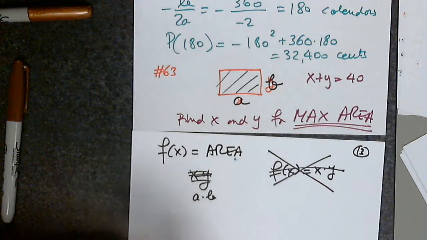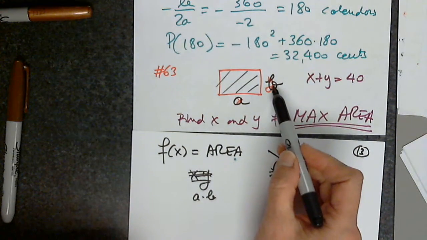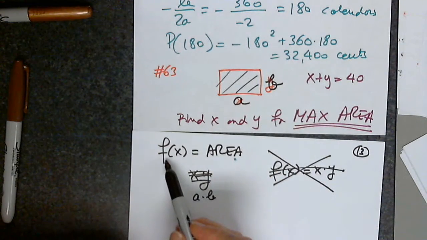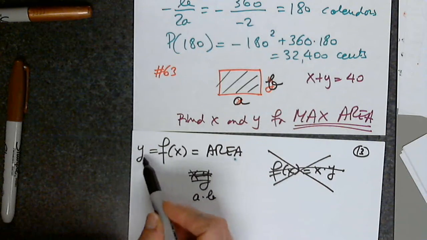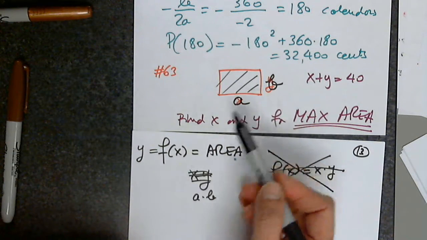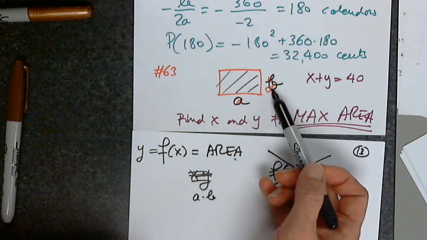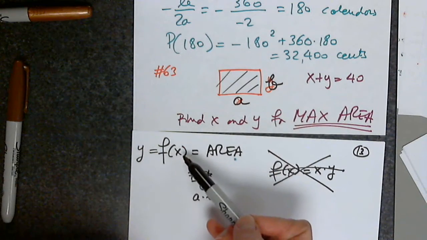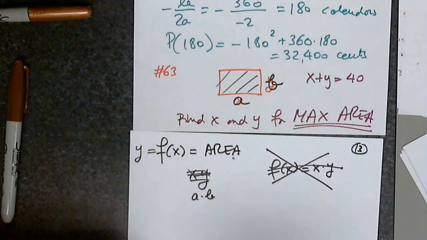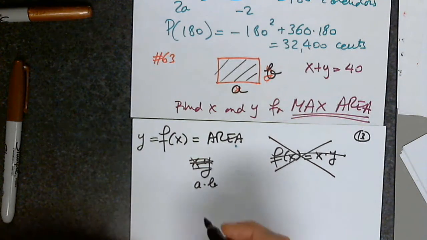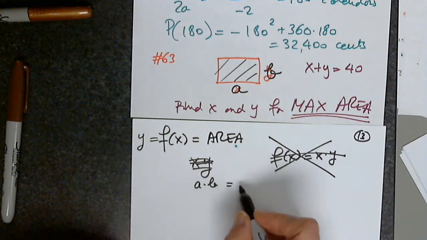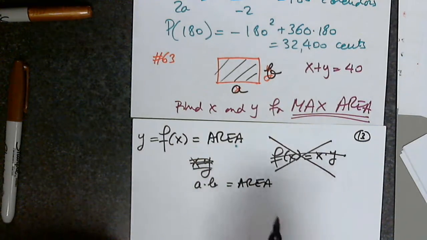In this particular case, the width was denoted by y, but it had nothing to do with this y. It's some contradiction here, right? Because I'm using y for this and also y for this. So let's use a and b. So the function is a times b. This is the area, correct?